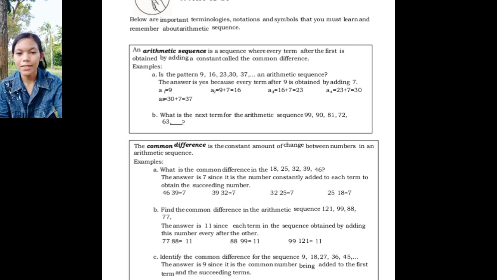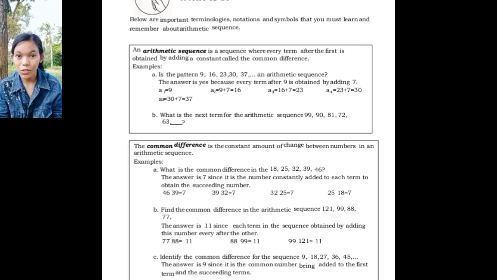Yes, 7. 16 plus 7 is 23. 23 plus 7 is 30. And 30 plus 7 is 37. So this is an arithmetic sequence, because a sequence of numbers is obtained by adding a common difference. What is the common difference? 7. So the 7 that we add is called the common difference.